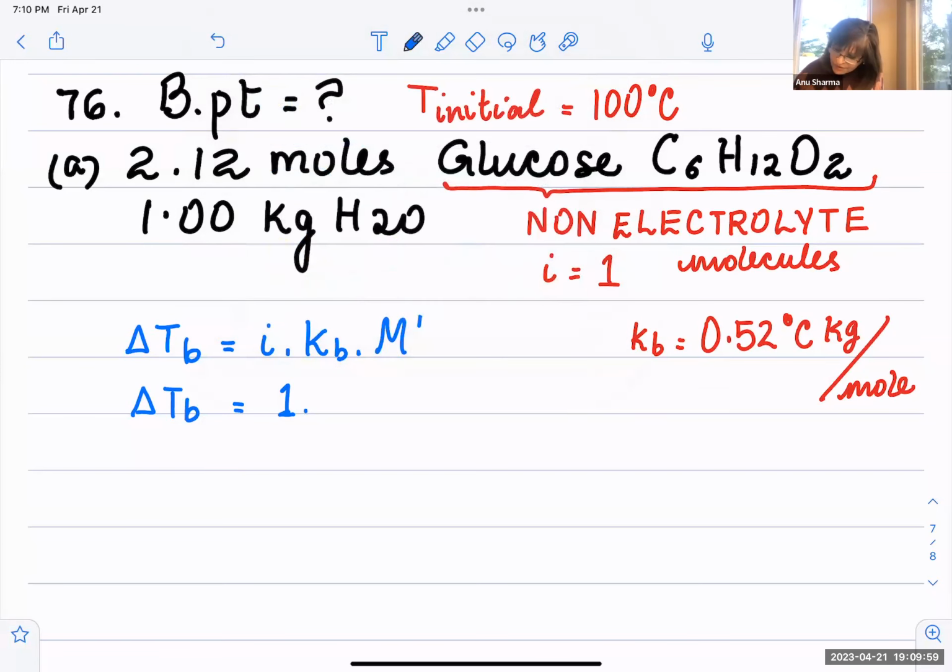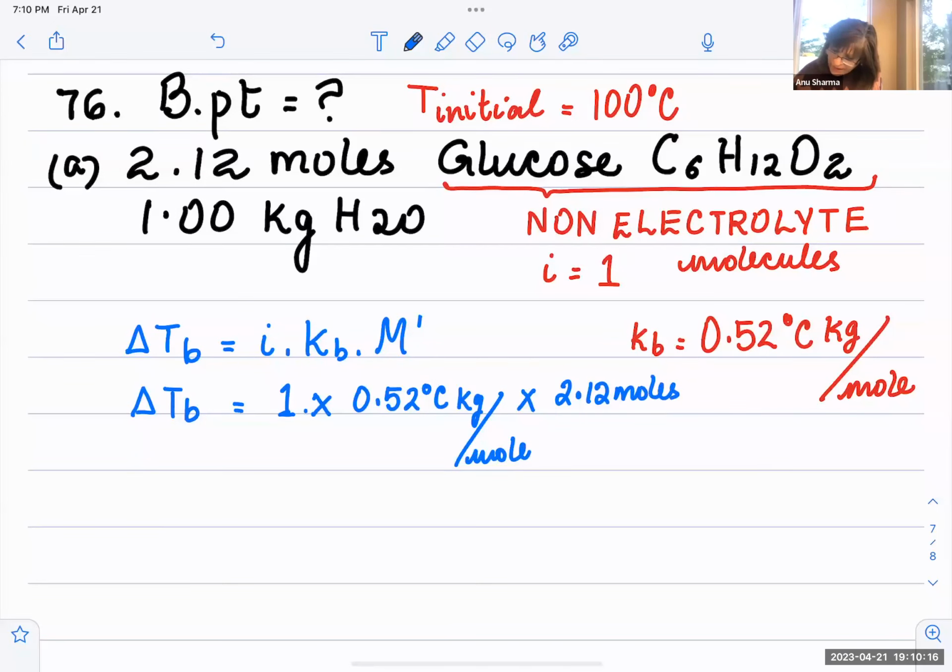So delta TB is 1 times KB, which is 0.52 degrees Celsius kilograms per mole, times the molality, which is 2.12 moles of sugar, or glucose, over 1.00 kilograms of water.